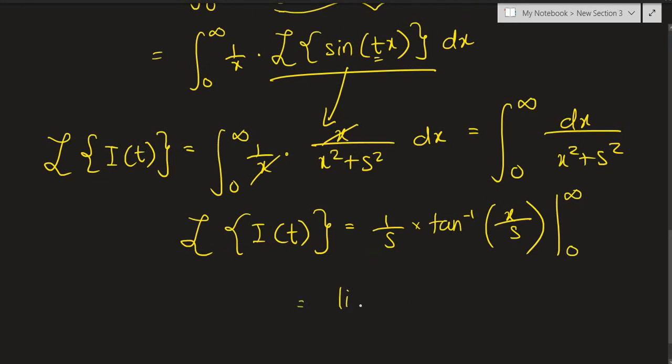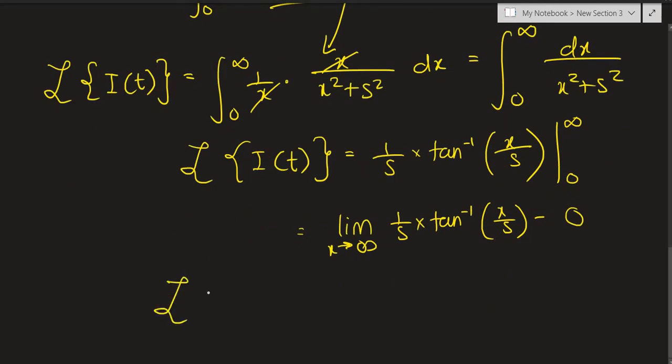So we can write this as the limit as x tends to infinity of 1 over s times the inverse tangent of x over s minus, when we plug in 0, we have the inverse tangent of 0, which is 0.